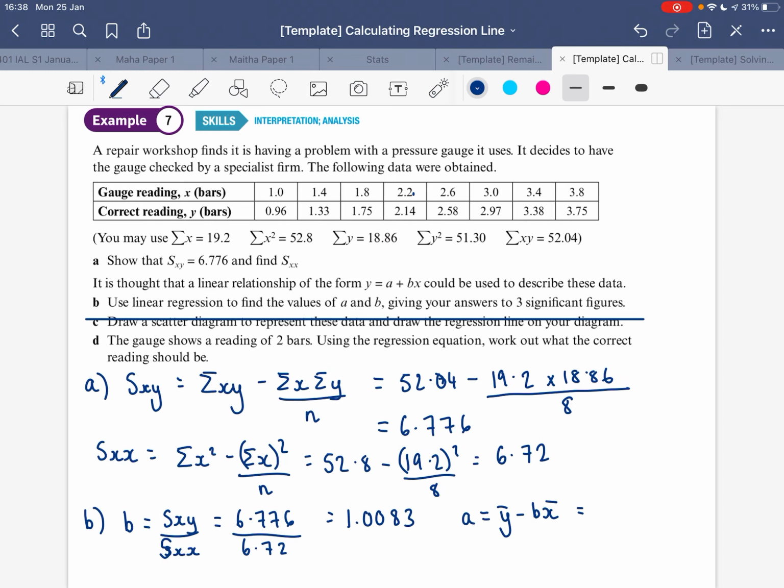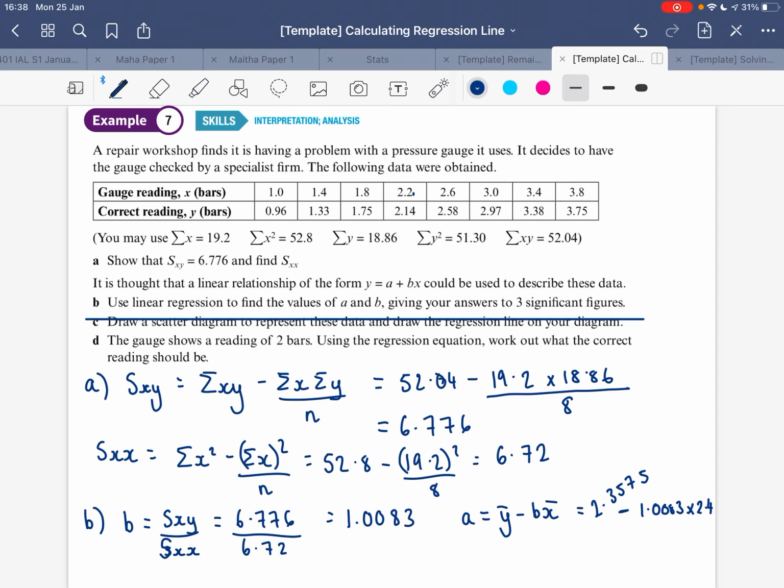And b is 1.0083, we're going to times that by 2.4 for x bar. Y bar is 18.86 divided by 8, which is 2.3575, minus that.